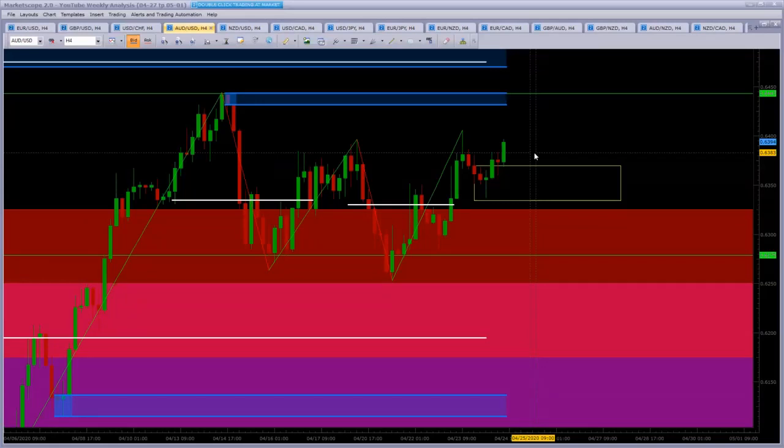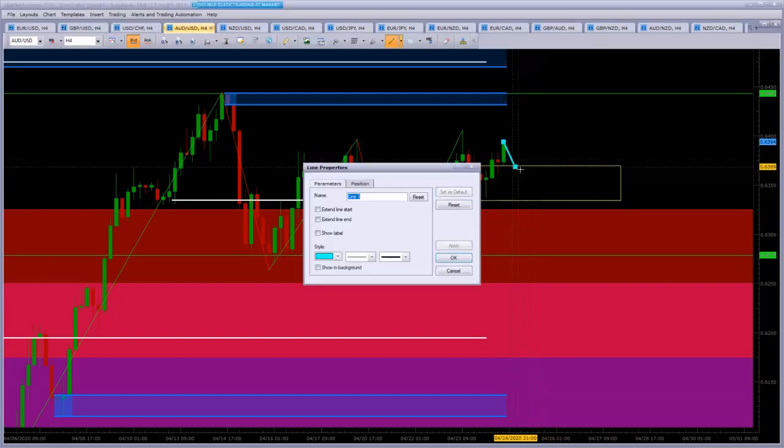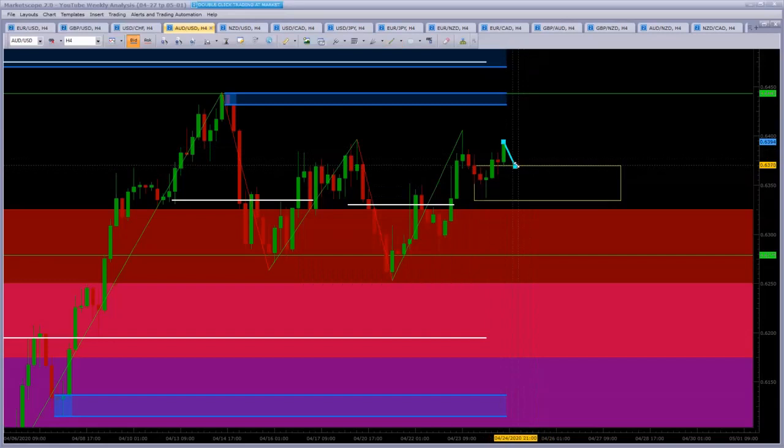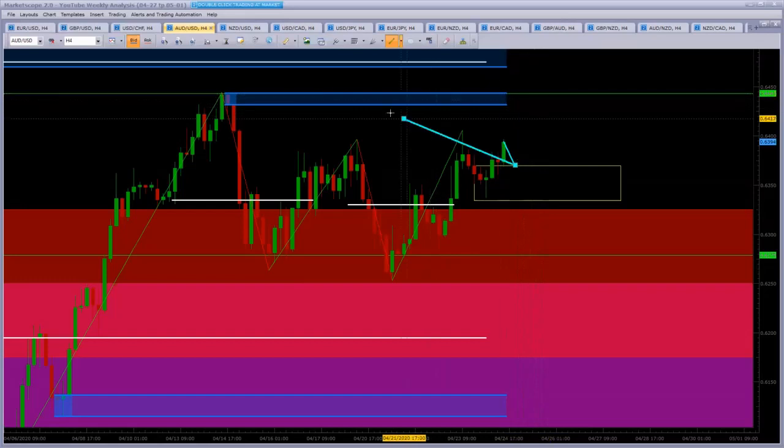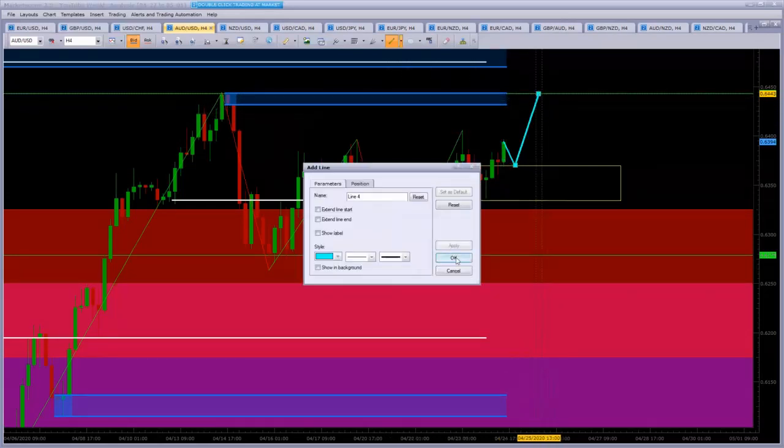If that's the case, then we would want somewhat of a pullback, and then have your target at no more than your 64.45, 64.40 area. For the people that know how I trade, these are the levels of interest for me, and that's clearly your 4-hour supply right there. So that would be my first area of interest.